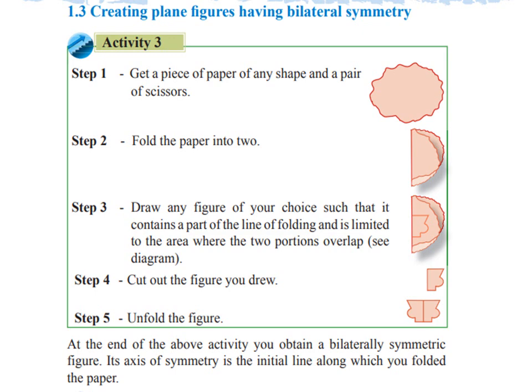So guys, this is an easy one. You can just get a piece of any paper which you like, any paper, because you don't want to waste paper. And then get a pair of scissors and fold the paper into two pieces, and draw any figure of your choice.